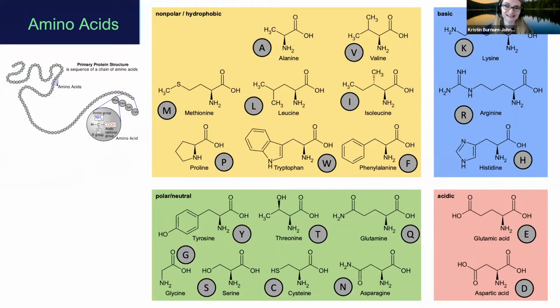Now, these amino acids fall into different categories where they're nonpolar, polar, basic, acidic. Protein structure really depends on the amino acid sequence. So the protein structure plays a key role in its function. And if the protein loses its shape at any structural level, the primary, the secondary, the tertiary, it can lose its function.